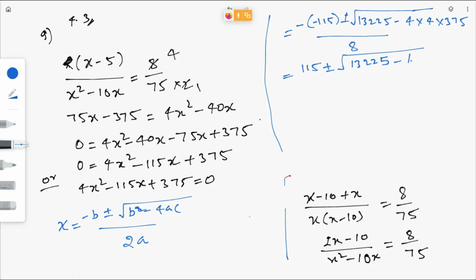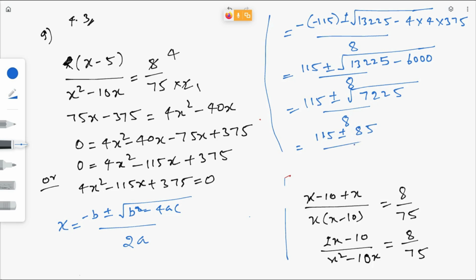So 6,000, divided by 8. 115 plus or minus root of, if you subtract these two, 7225. Is it a perfect square? What is the root of this? 85. Okay, 115 plus or minus 85 divided by 8.